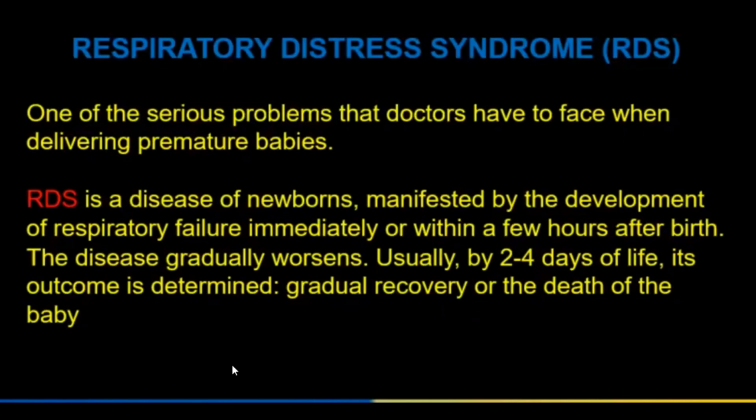Respiratory distress syndrome is one of the serious problems that doctors have to face when delivering premature babies. First of all, it is a disease of newborns manifested by development of respiratory failure immediately or within a few hours after birth.